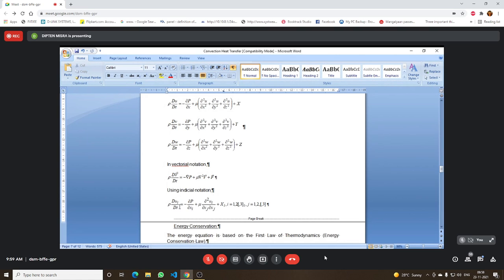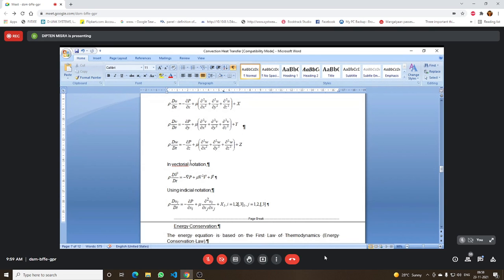Okay. Then when i is equal to 1, what we do is that we differentiate with respect to del p del x1. That x1 means x-axis, x2 means y-axis, x3 means z-axis.